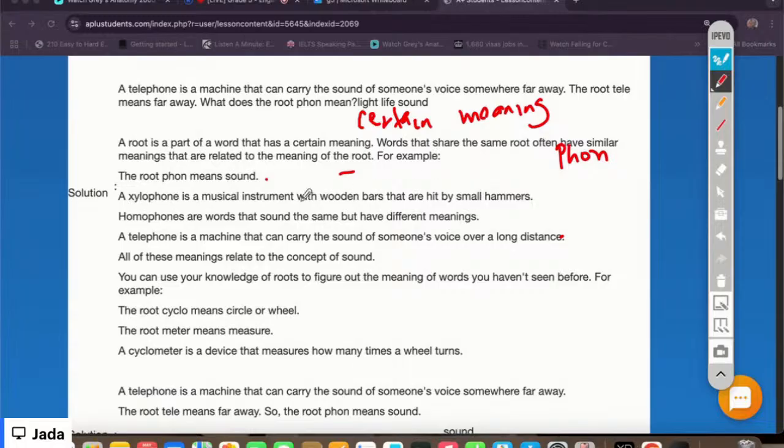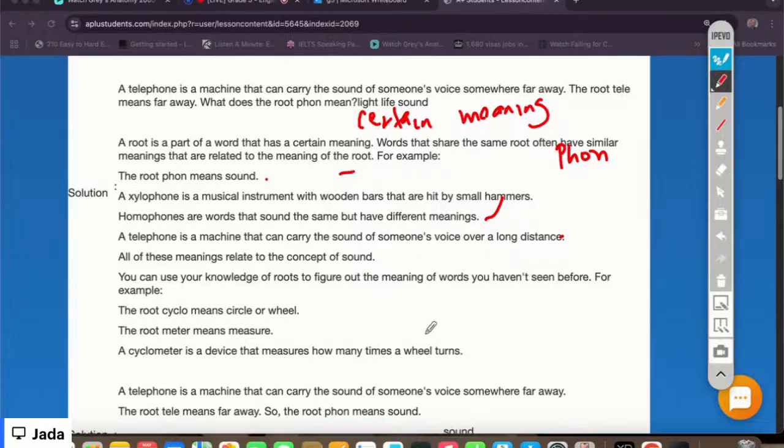We also have homophones, words that sound the same but have different meanings. We also have a telephone, a machine that carries the sound of someone's voice over a long distance. So basically, all of this meaning relates to the concept of sound. So that's why if it has the same root, you would have almost similar meanings that are related to the meaning of the root word.